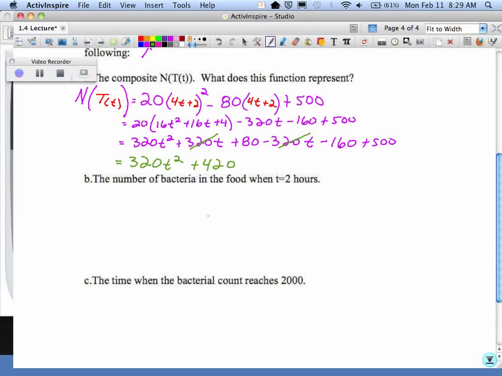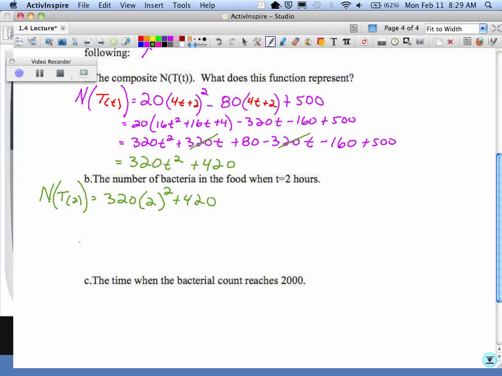So the number of bacteria after 2 hours, I guess you could do it this way. 2 squared is 4, times 320 is 1280.